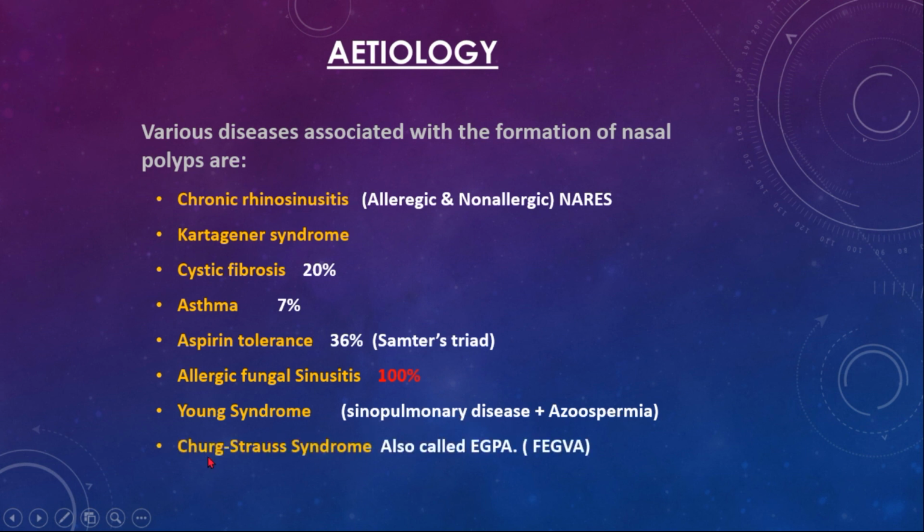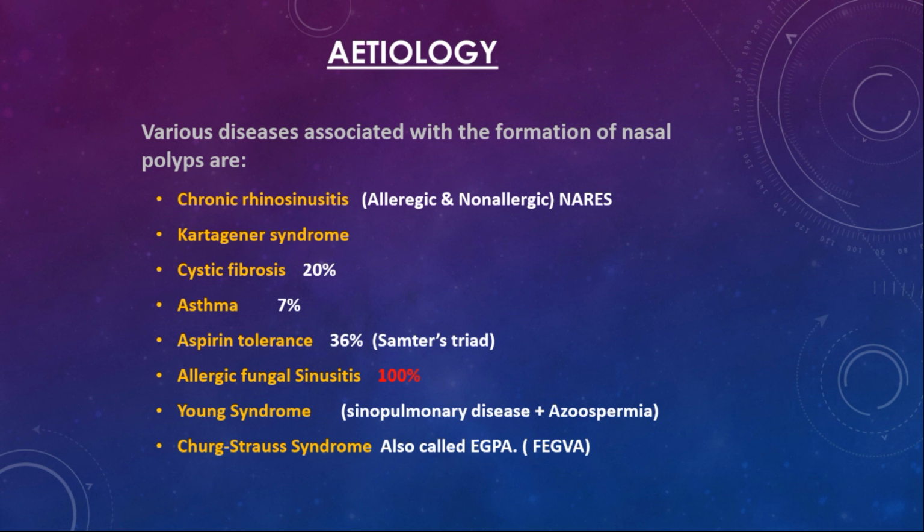Next one is Churg-Strauss syndrome. It is also called EGPA. EGPA means eosinophilic granulomatosis with polyangiitis. So, it is a disorder marked by blood vessel inflammation. This inflammation can restrict blood flow to the organs and tissues and sometimes permanently damage them.